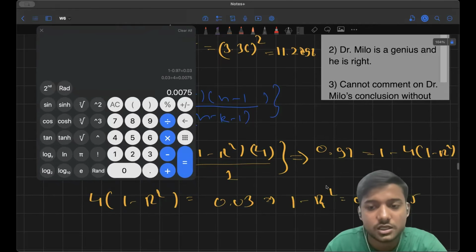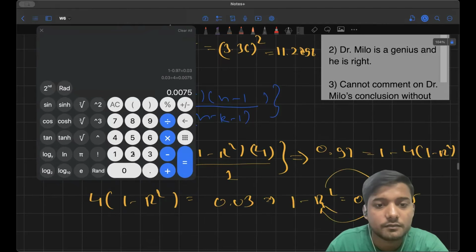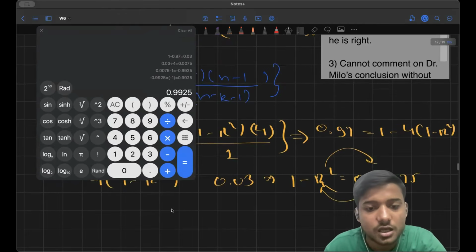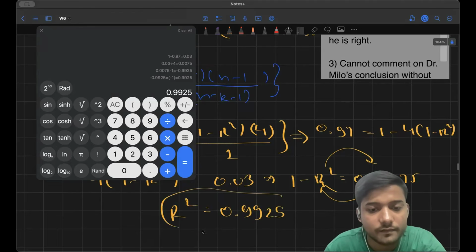Now I will take R square here and this thing here, so we have this thing minus 1. I'll multiply by minus 1 so that it becomes positive again. So we know R square is 0.9925.